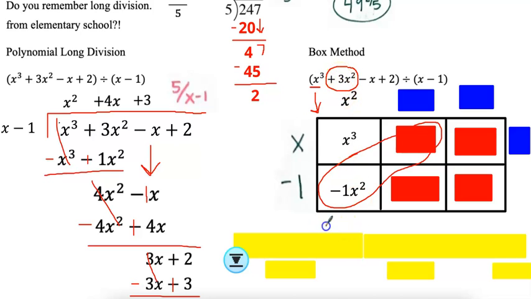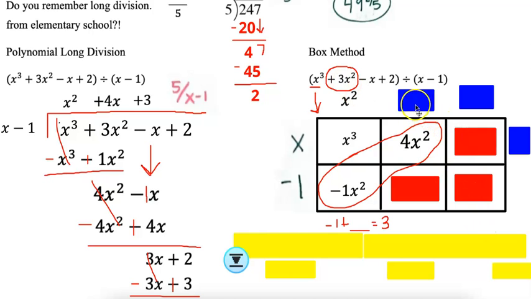So you're going to ask yourself, negative 1 plus what could I put in that box to get me to a positive 3? The answer would be a 4, because 4 minus 1 would be a positive 3. So I need to put a 4x squared in this box so that 4x squared minus 1 gives me a positive 3.